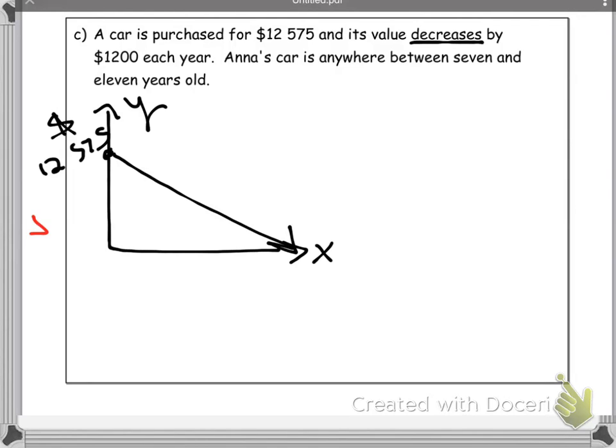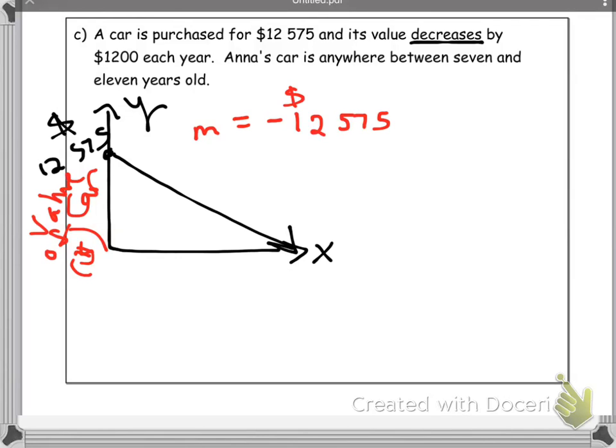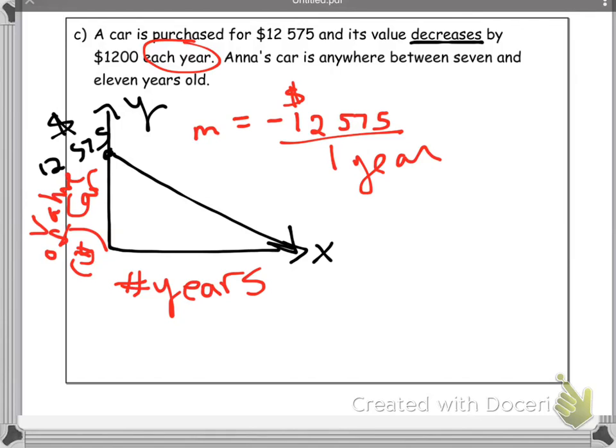Well, we're talking about value of the car in dollars. And it decreases, so its slope is negative because it decreases $12,575 per one what? Each year, per 1 year. So this is number of years for our x-axis. So per what tells you the title of the x-axis. Per what?